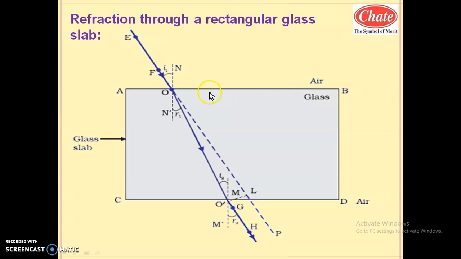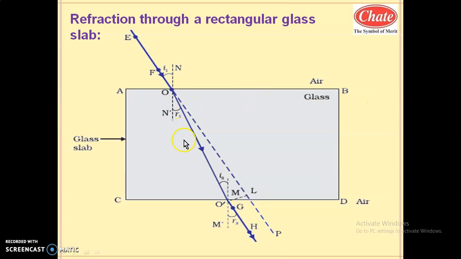Fix two pins on the drawing board at E and F. Now take two more pins and fix them on the opposite side of the earlier fixed pins. Earlier we fixed the pins toward side AB.